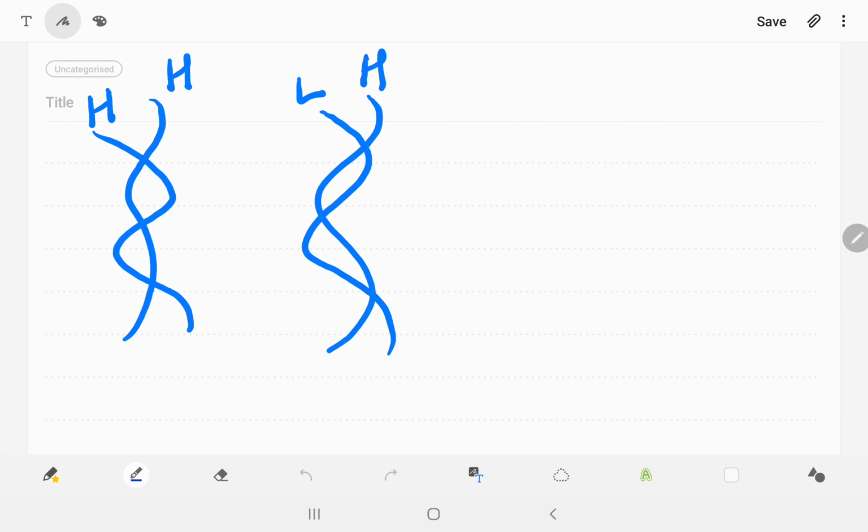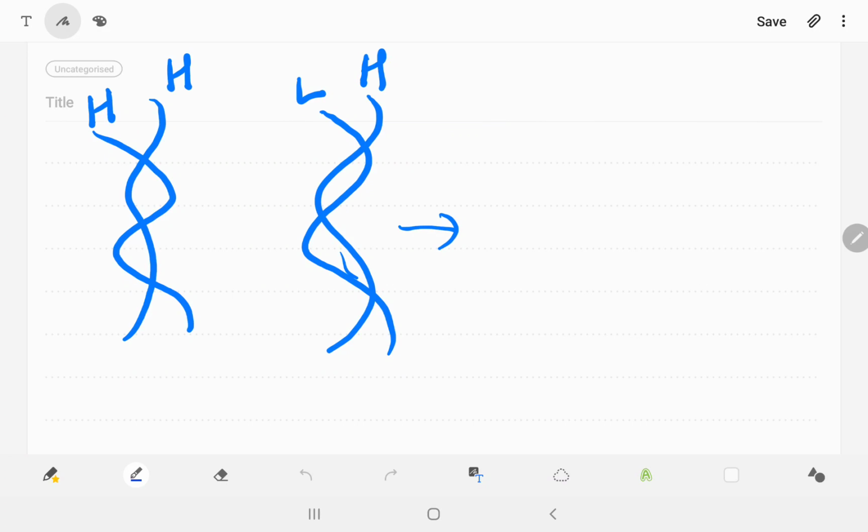It will make a light strand. So each strand will act as a template for a new strand, that is L. Each heavy strand acts as a template for a light strand. This is one possibility to get an intermediate band. This is like a hybrid.